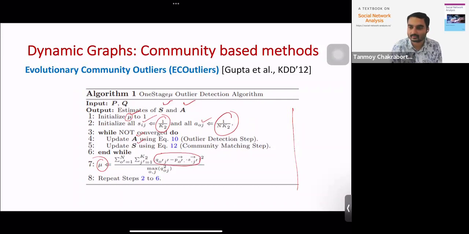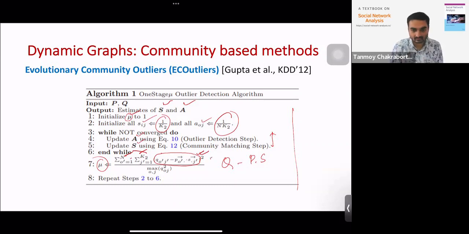This is the dissimilarity between Q and P times S. Even after convergence, after minimization, we will see some error, some dissimilarity, right? So you see, this is summing over all the entries, so this is the squared dissimilarity between Q and P times S.